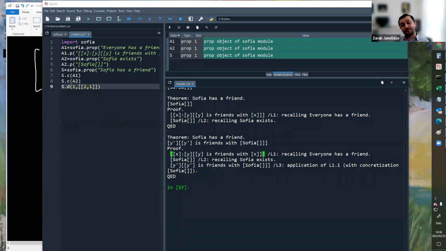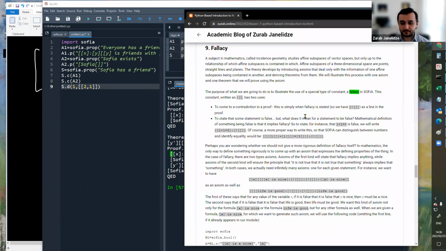And this has to do with the concept of fallacy, in other words, falsity or contradiction, if you like. So I've written up a section on this. This is the new section that's added to the notes, section 9. First, let's introduce notation, and then we're going to start talking about what it means.